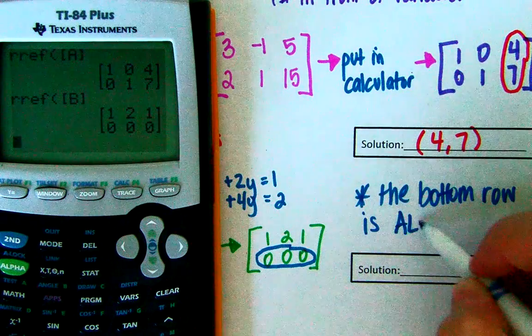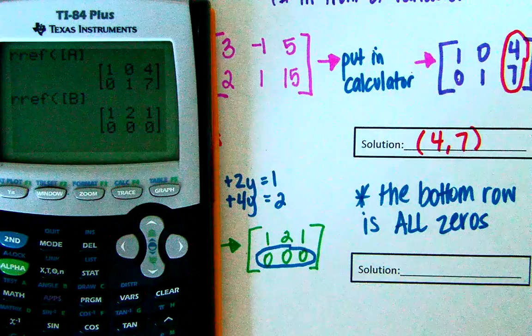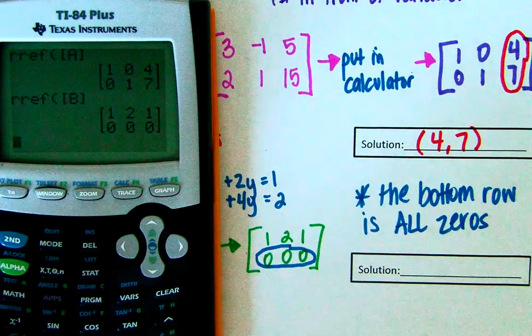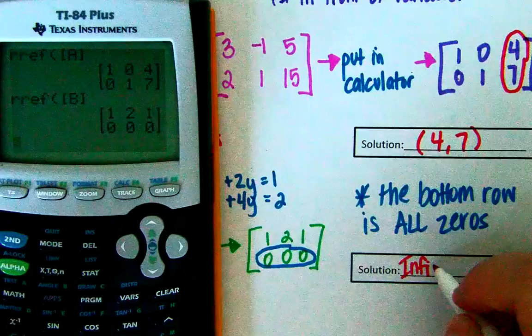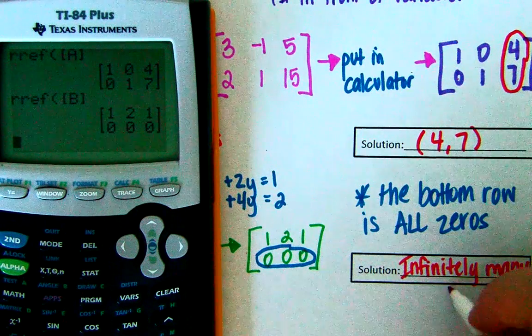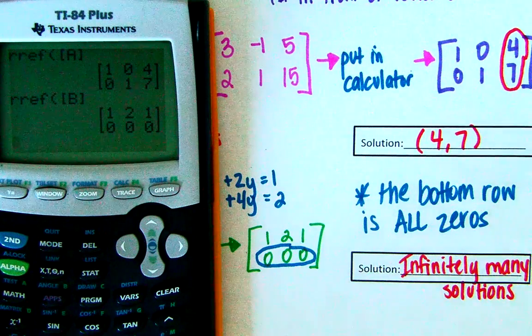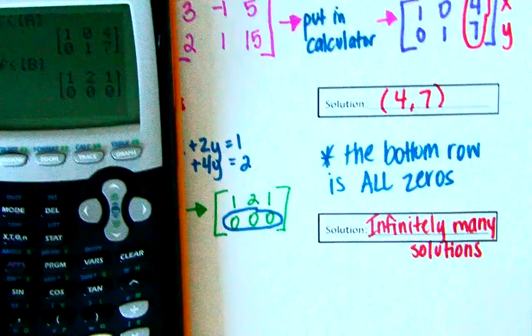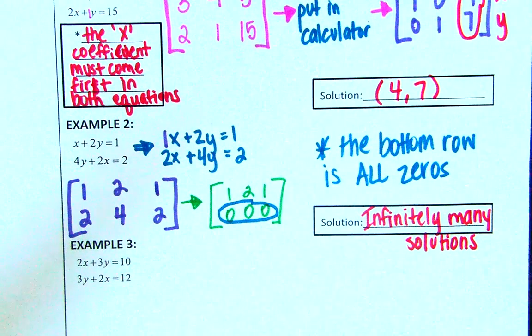So if the bottom row is all zeros, our answer is infinitely many solutions.